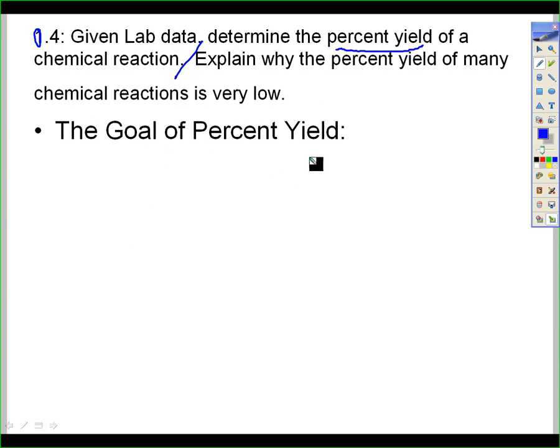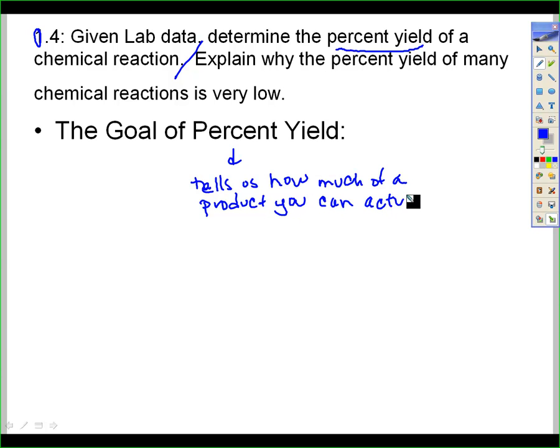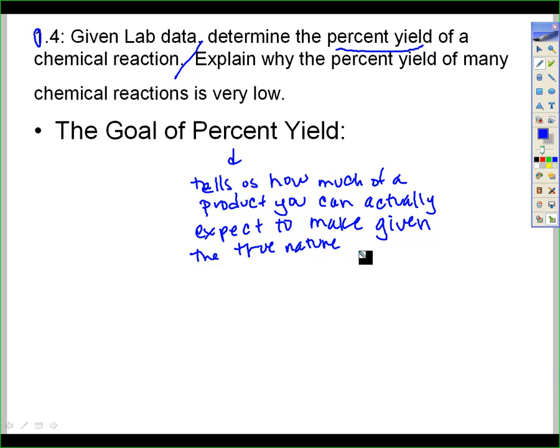Let's talk about what the goal of percent yield is. Percent yield tells us how much of a product you can actually expect to make given the true nature of the reaction.